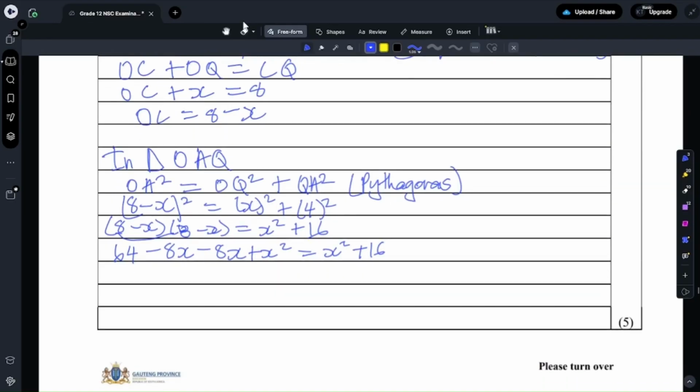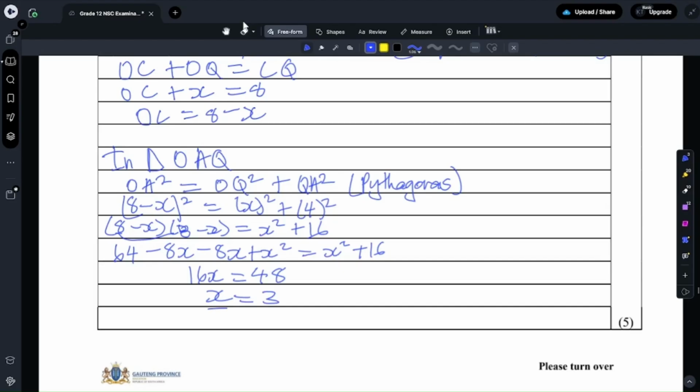So this simplifies to 16x is equal to 48. Then you divide through by 16. Then you get x is equal to 3.